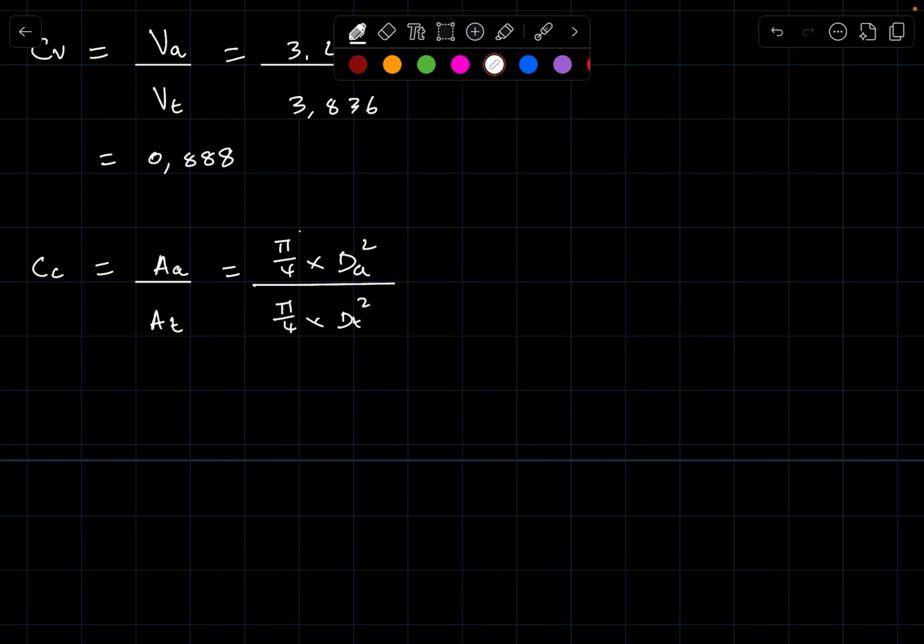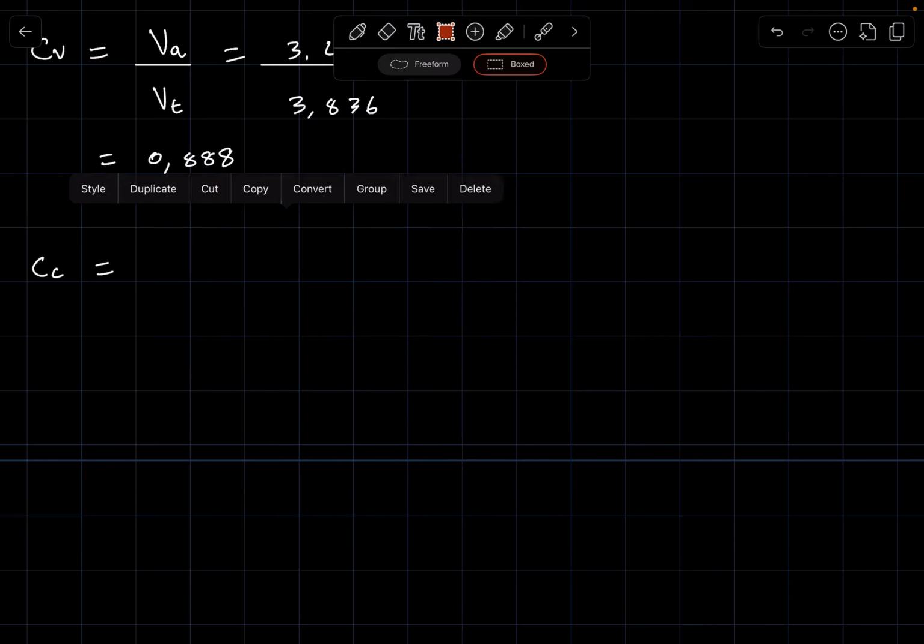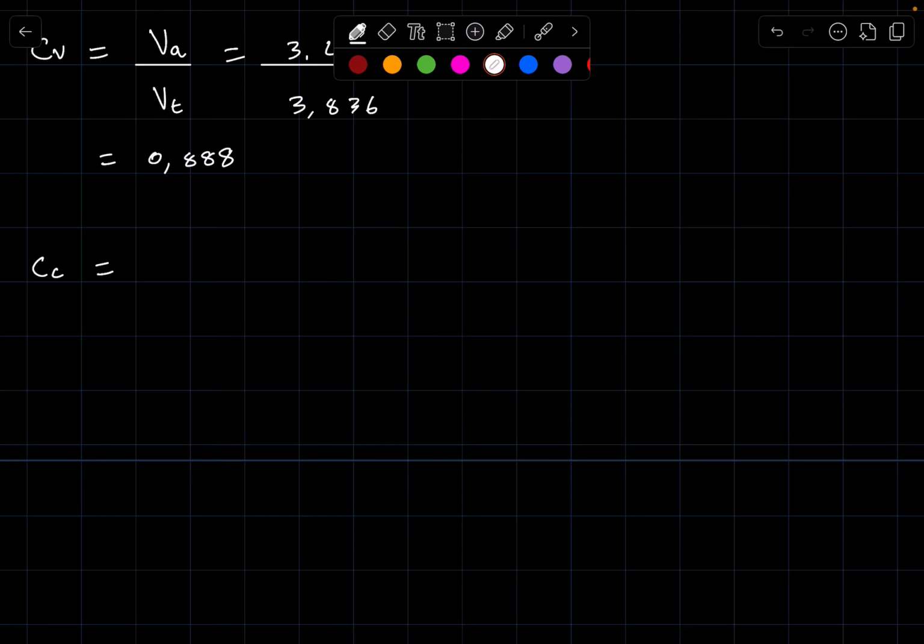Now of course mathematically this and this cancel, hence to calculate the coefficient of contraction, you can simply use dA squared divided by dt squared, right? So you don't need to do all this. You can simply say dA squared divided by dt squared, and I just explained why that is, right?